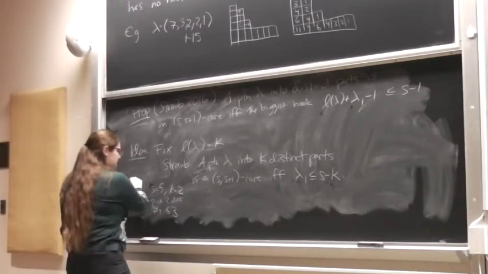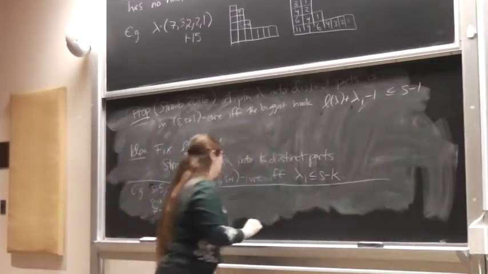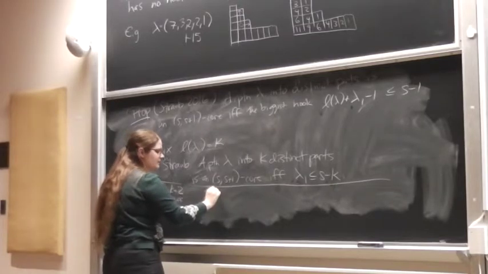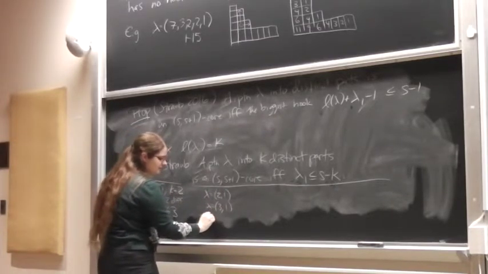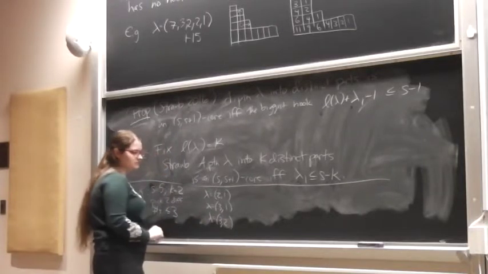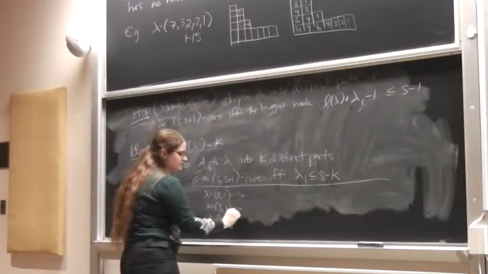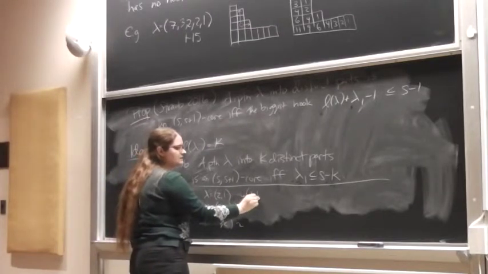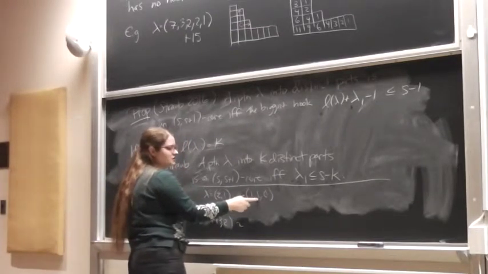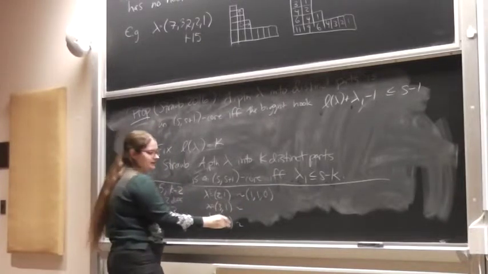So our cores are going to be 2, 1, 3, 1, and 3, 2. And what I'm going to do is associate each one of those to a simple little 0, 1 vector. I just put 1s at position i when there's a part of size i.